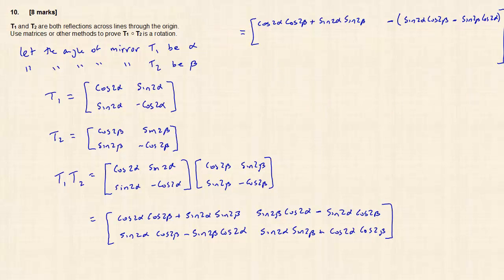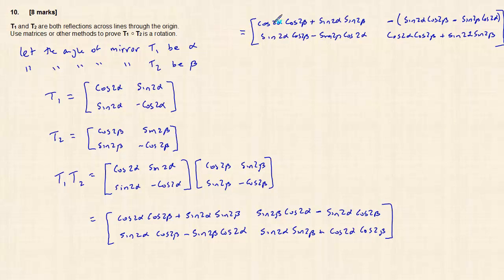Then this bottom one here is sine 2 alpha cos 2 beta take away sine 2 beta cos 2 alpha. And then this one here, I'm just going to write the terms in a different order. Cos 2 alpha cos 2 beta plus sine 2 alpha sine 2 beta.